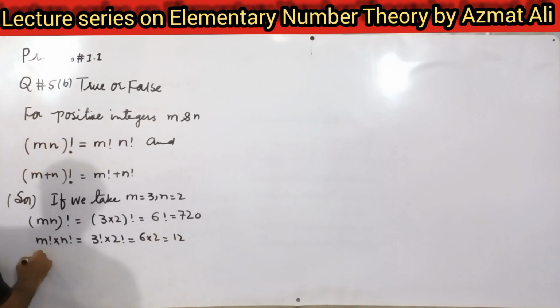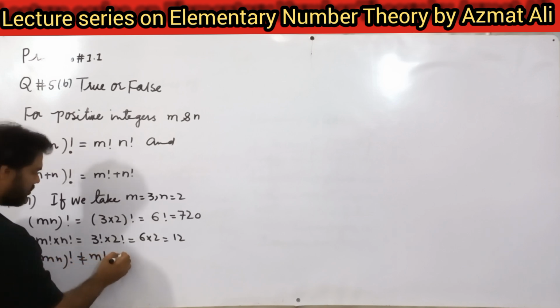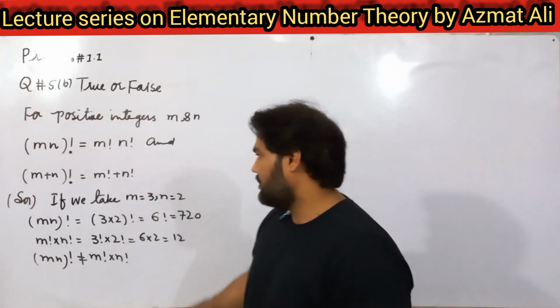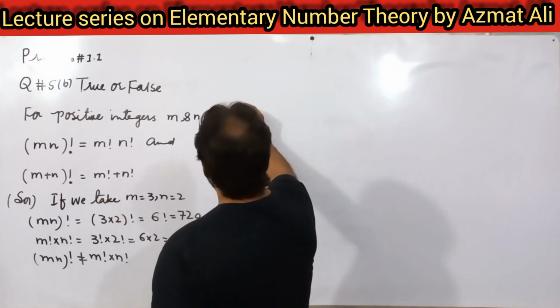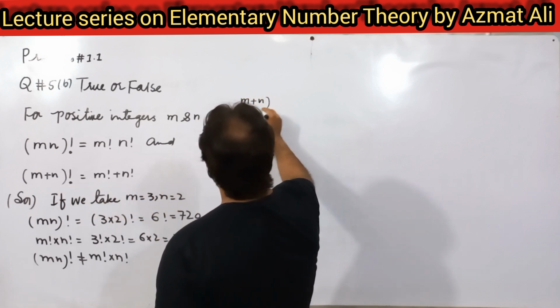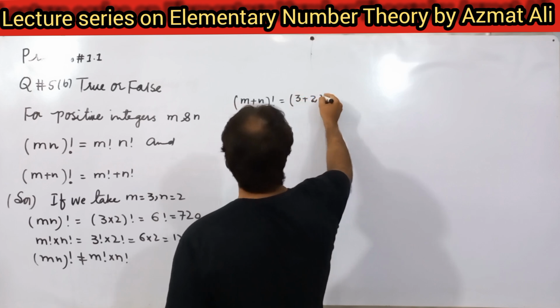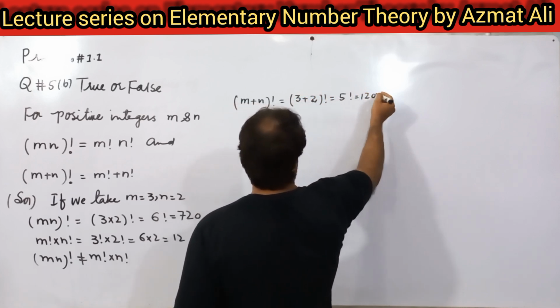So this shows that mn whole factorial is not equal to m factorial into n factorial. Similarly, if you put these values of m and n in the second formula, that is m plus n whole factorial, this becomes 3 plus 2 factorial, which is equal to 5 factorial, that is 120.